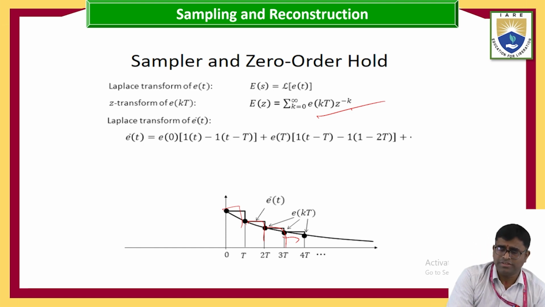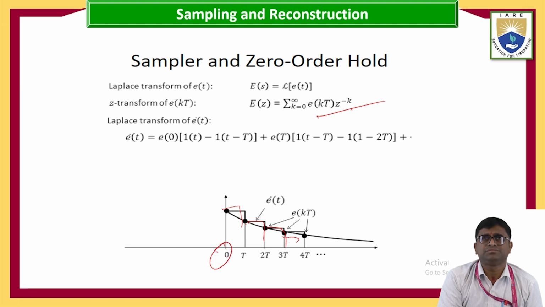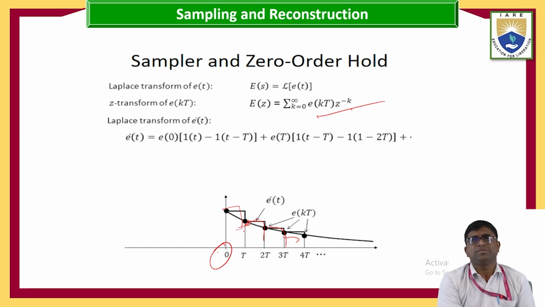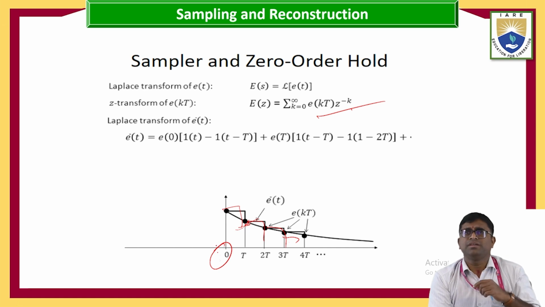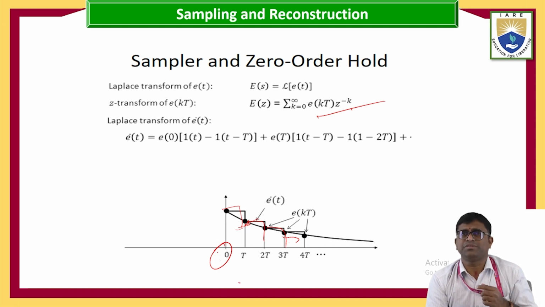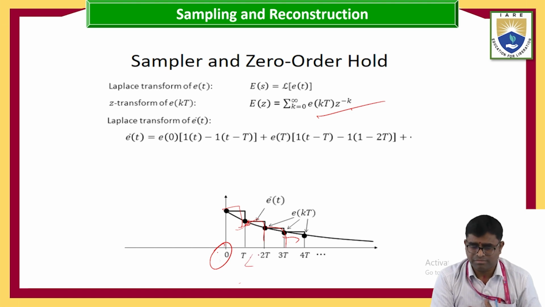See this one for the zero position: 1 of t minus 1 of t minus T. Next one is t minus tau, e power of minus t by tau.